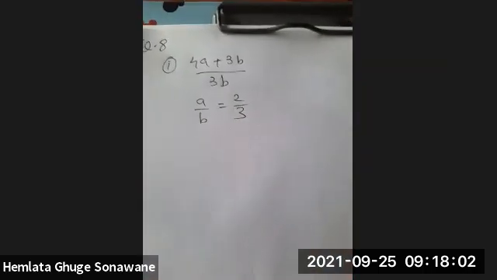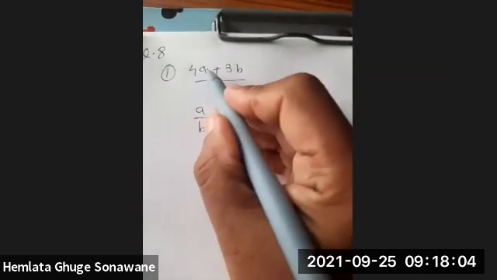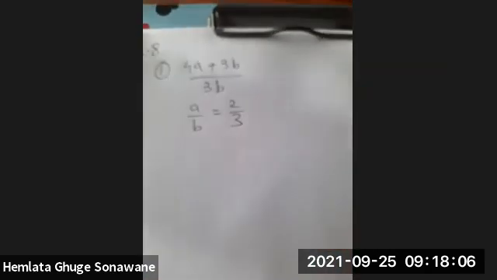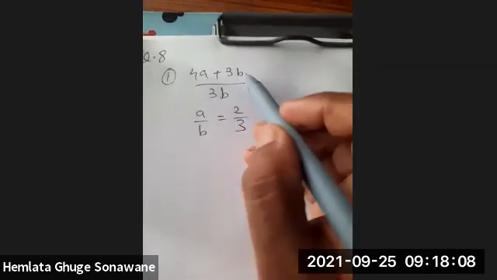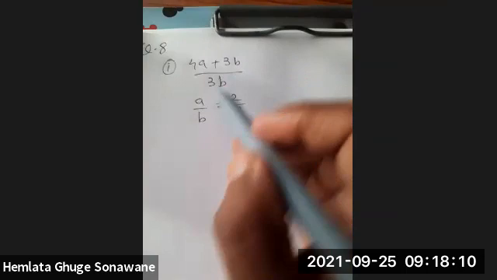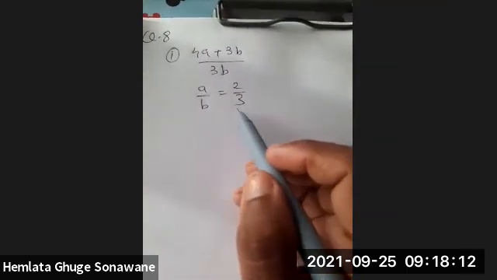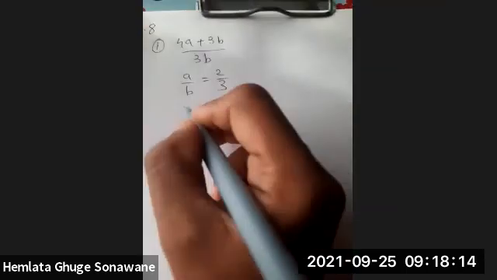Here you can see that 4 is with A and 3 is in multiplication with B. So we'll multiply both the sides by 4 upon 3.